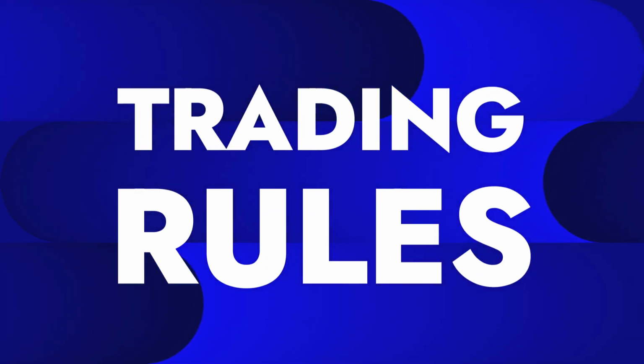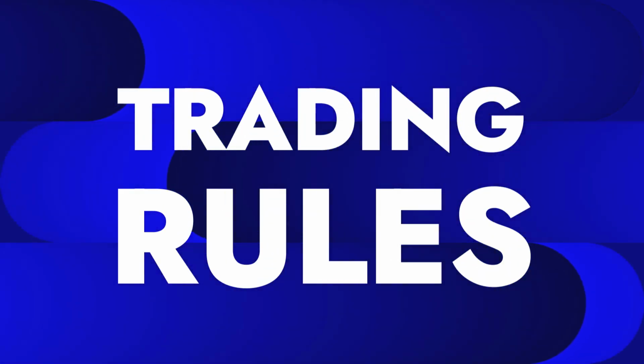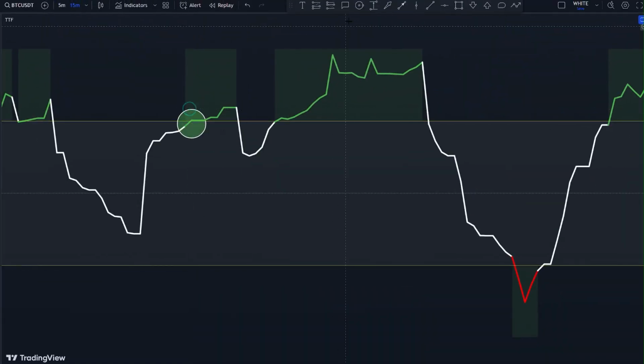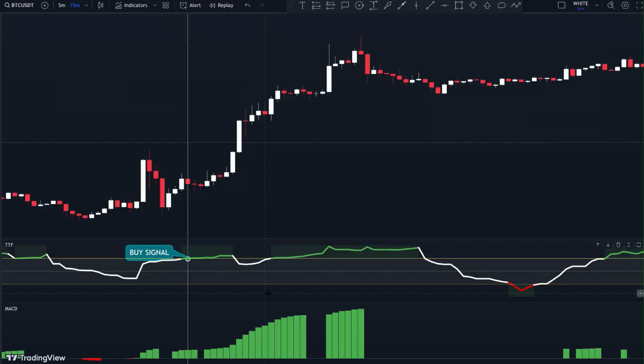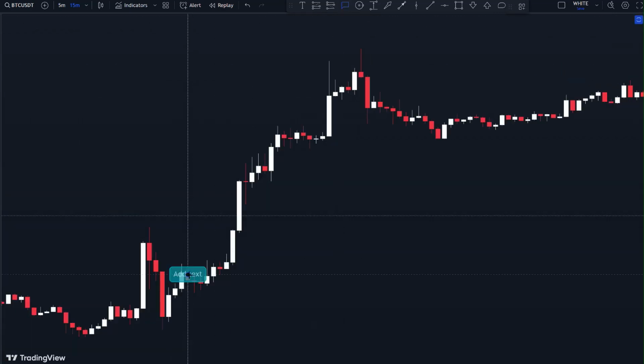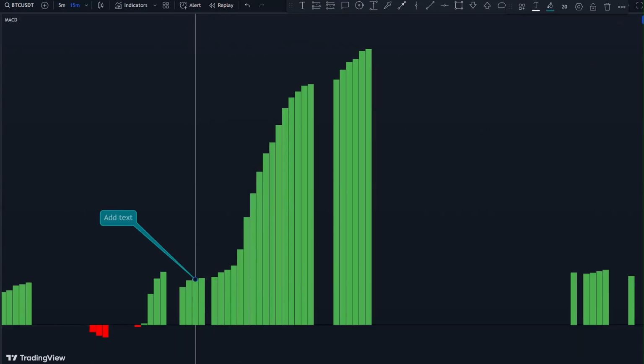Now let's recap the game plan for our simple buy-sell strategy. When we see a potential buy signal, the TTF line hops above the plus 100 level, and the MACD has to back us up. If the MACD histogram is above the zero line and green, we've got our confirmation.